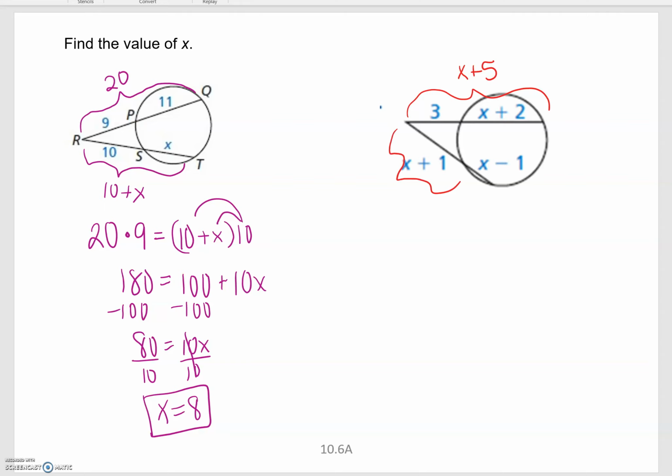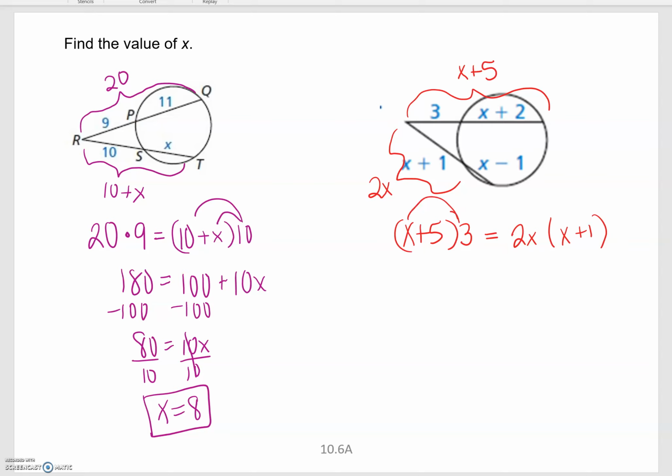And then on the bottom, I have x plus 1 minus 1, so that's going to simplify all the way down to 2x. So when I set up this problem, remember you have the entire thing, so on top that's x plus 5 times 3, that's the external piece, equals the entire thing, that's 2x, times the external piece, x plus 1.